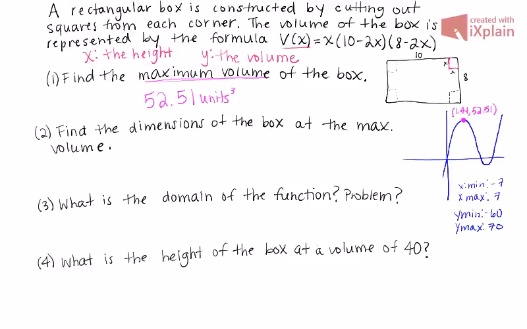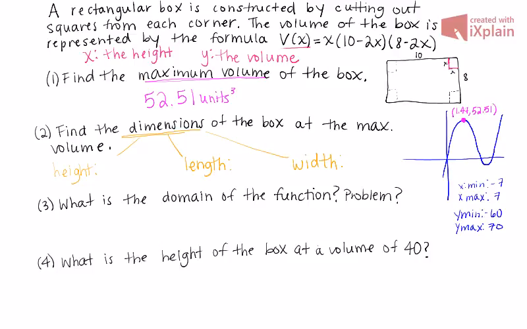For number 2, this is when you're going to focus on what the x value is telling us because it wants us to find the dimensions of the box at the maximum volume. So when it asks for the dimensions, that means what is the height? It means what is the length? And it also means what is the width?